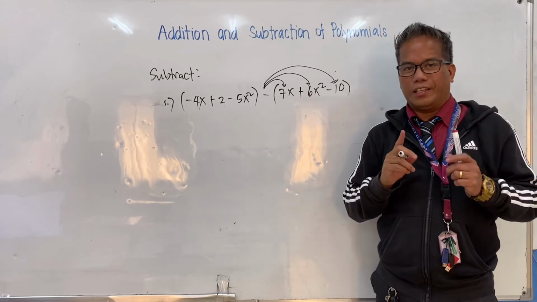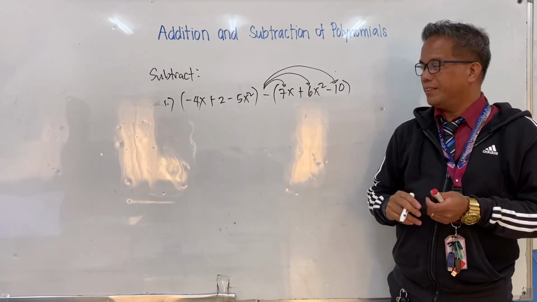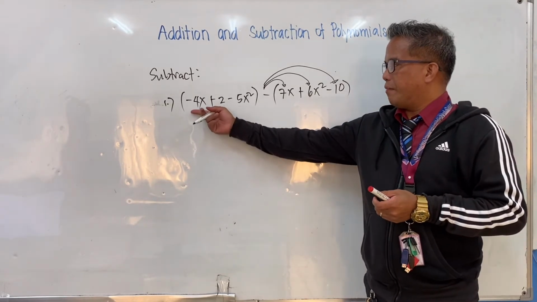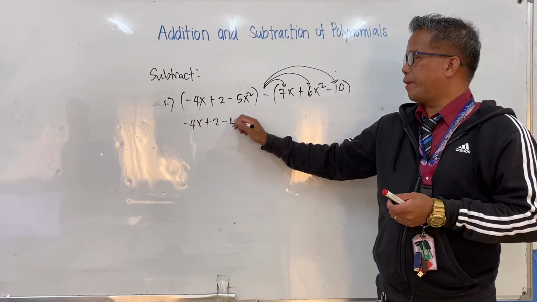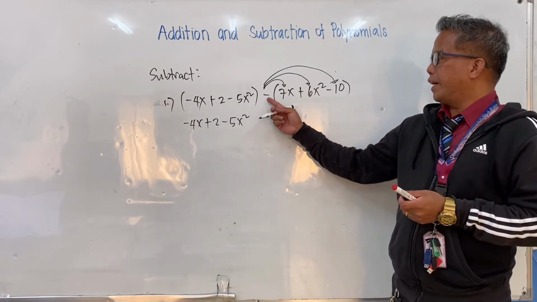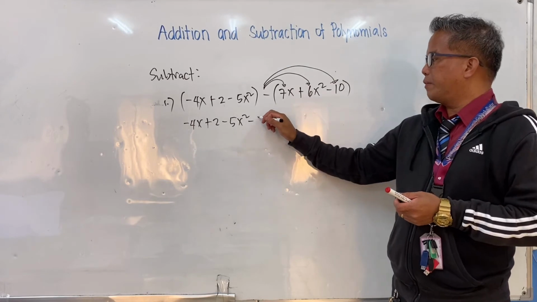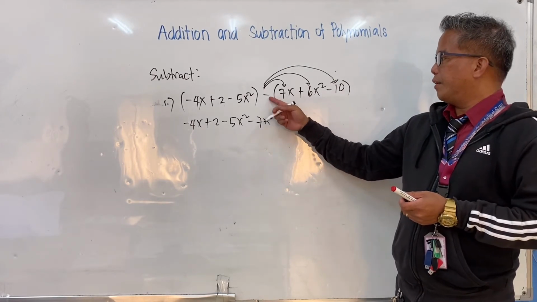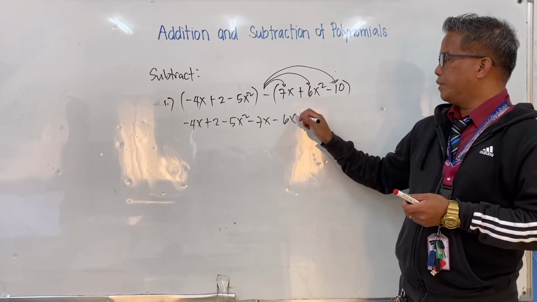So that is the steps in subtracting polynomials. Just copy this one. Negative 4x plus 2 minus 5x squared. Then negative times 7x will be negative 7x. Negative times positive 6x squared equals negative 6x squared.